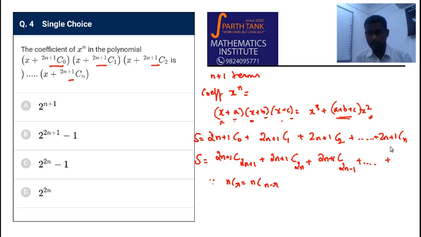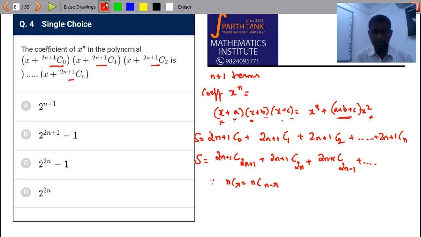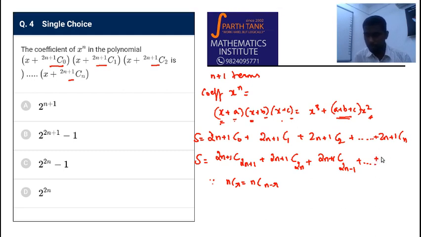And the last term is going to be 2n plus 1 c (2n plus 1 minus n), which is n plus 1.